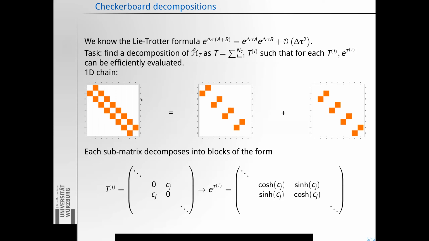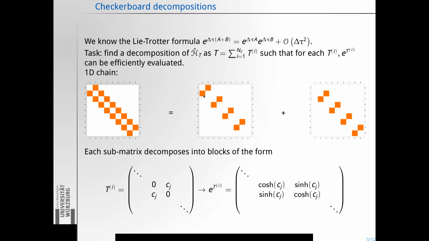I should explain maybe. White means that the matrix is 0 in that part, and orange means that the matrix has a 1, or the amplitude of the hopping, at that entry. So if you do this decomposition in that form, you will notice that each matrix decomposes into small 2 by 2 blocks.